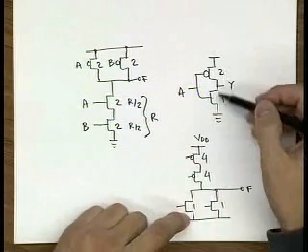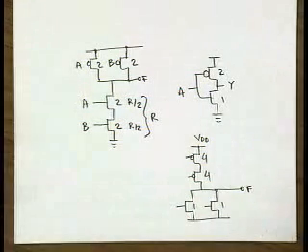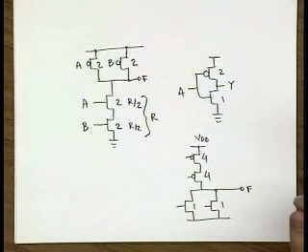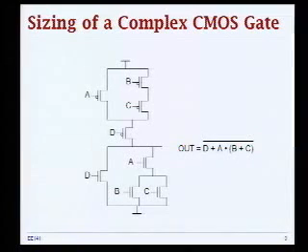Because you want to make the same as the pull-up resistance of this one. Okay. So now you get the idea, basically. When you have series connection of transistors, you need to upsize them. When you have parallel, don't do anything. Okay. And let's go to slides now to do another example.